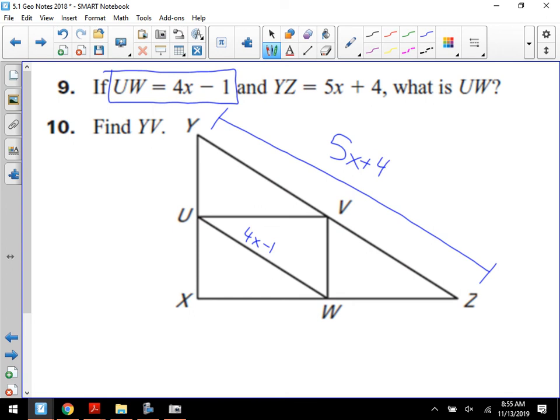UW. Good. So that means that the mid-segment is half the side it doesn't touch. Or what's another way that I can write that? Another way that you can write this is if you double the mid-segment, it equals the side not touched.